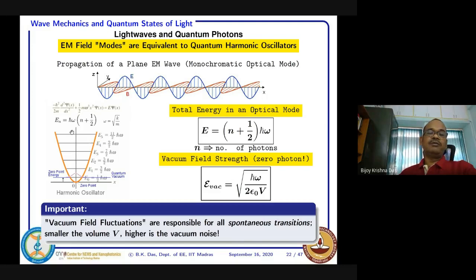In a pendulum, or a mass oscillating with a spring, the potential energy and kinetic energy go back and forth. Similarly here, the energy of an electromagnetic wave, when it propagates, shuttles back and forth between electric field and magnetic field.